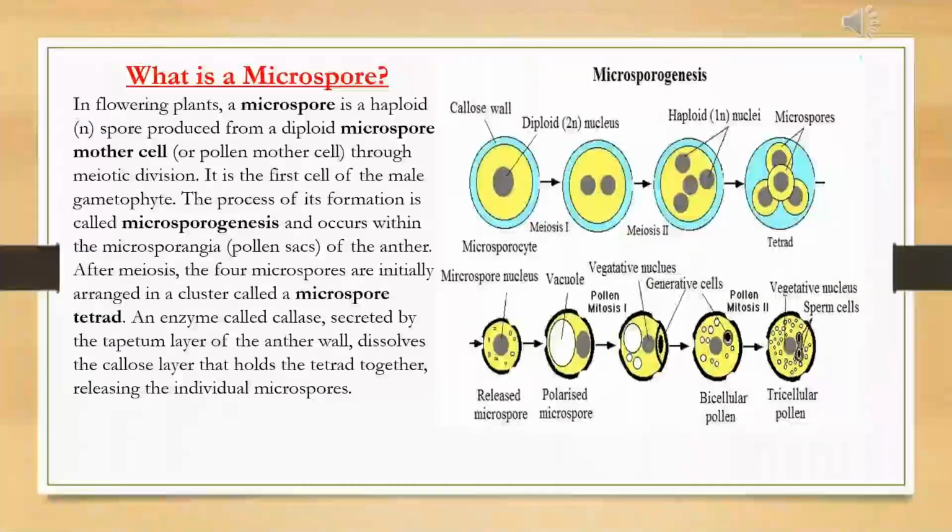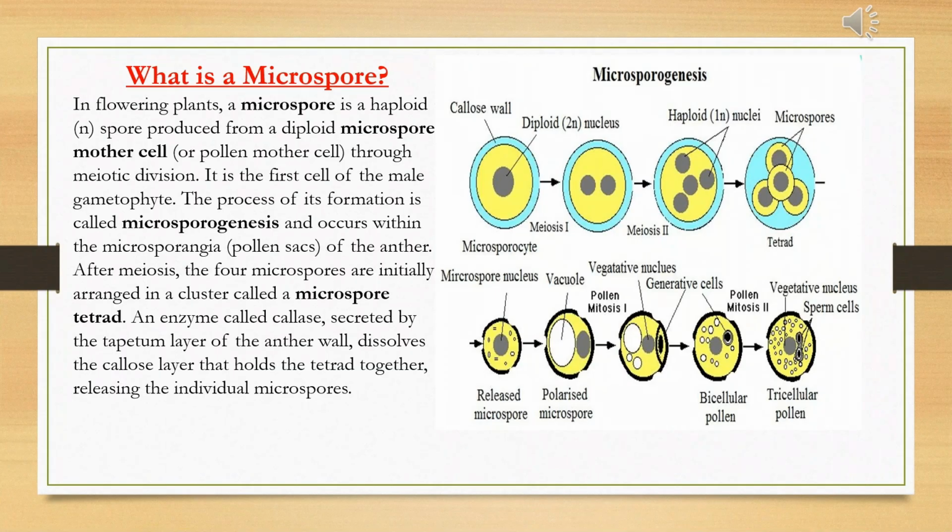Now we'll learn about the microspore. In flowering plants, a microspore is a haploid (n) spore produced from a diploid microspore mother cell, or pollen mother cell, through meiotic division. It is the first cell of the male gametophyte. The process of its formation is called microsporogenesis and occurs within the microsporangia, called the pollen sacs, of the anther.